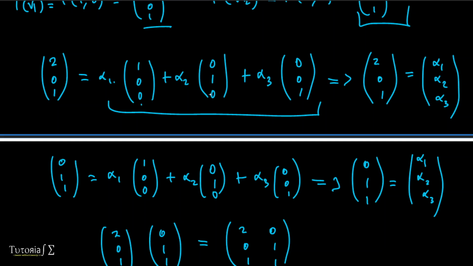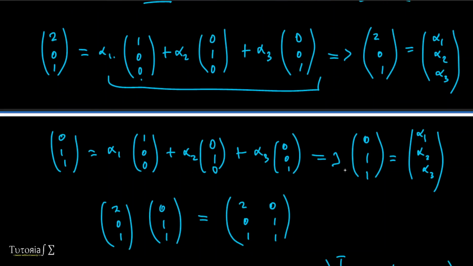Alpha 2 times everything here will just be 0, alpha 2, 0. Alpha 3 times everything here will just be 0, 0, alpha 3. When you sum that, the vectors will correspond to each other, meaning that alpha 1 is equal to that, alpha 2 is equal to that, alpha 3 is equal to that, and so on and so forth. Same applies here.